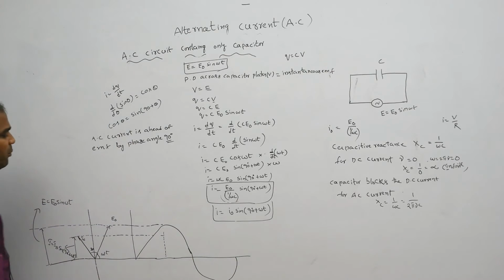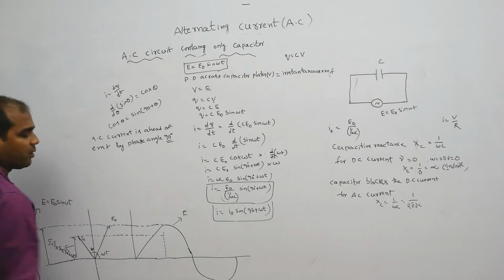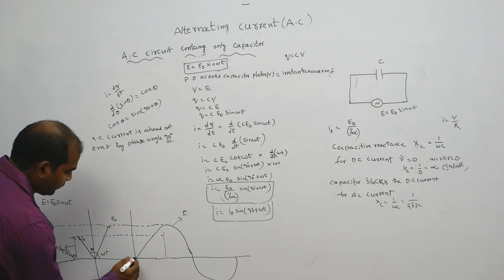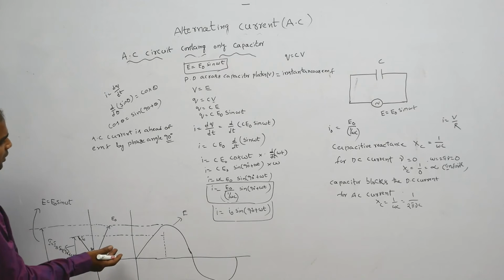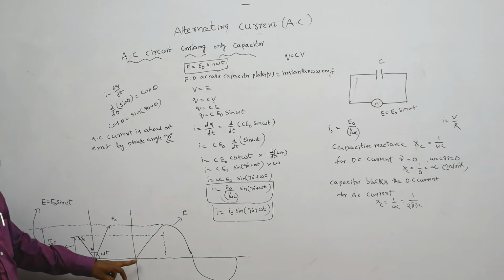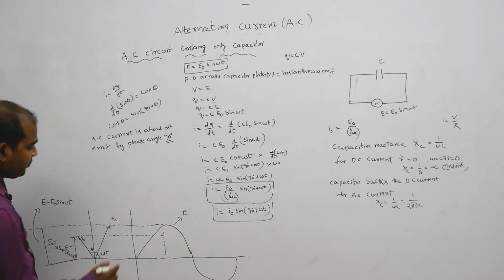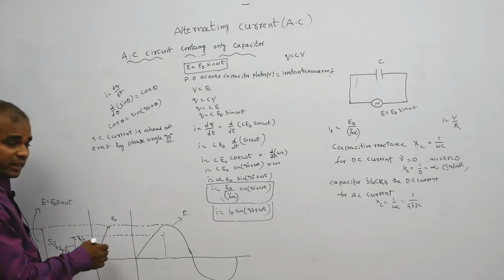This is the EMF curve. It starts from 0. Now see what is happening. The current is ahead by 90 degrees. When the EMF starts from 0, the current has already completed 90 degrees of phase, which means it starts from maximum. A quarter cycle has already been completed.